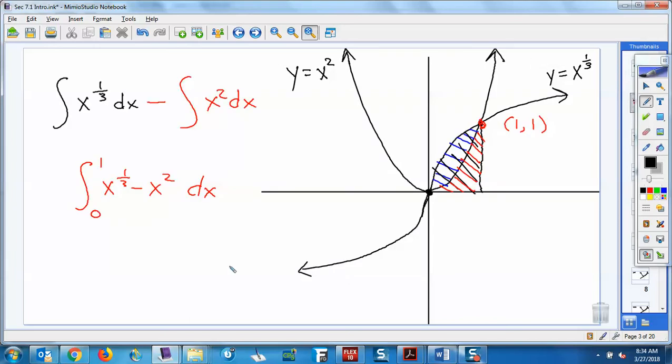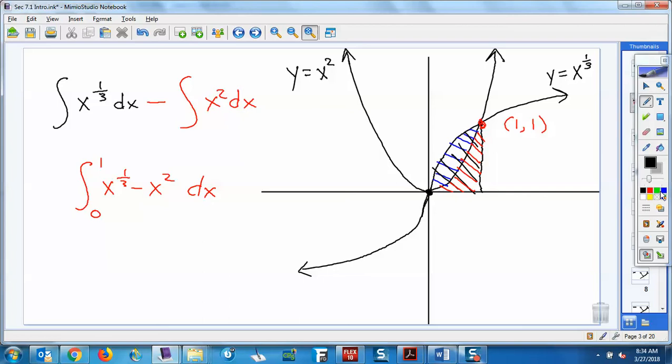And if you go back to this picture, it would just be the top curve, which in this case is x to the 1/3, minus the bottom curve, which is x squared. And sure enough, there's our integral right there. Without even having to go through these different areas, it's just top curve minus bottom curve, like that.